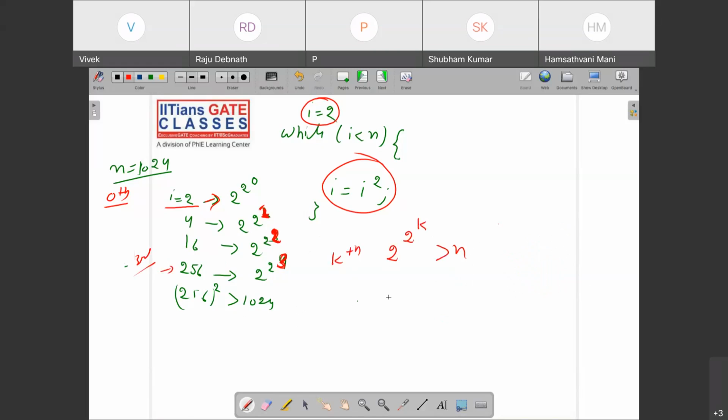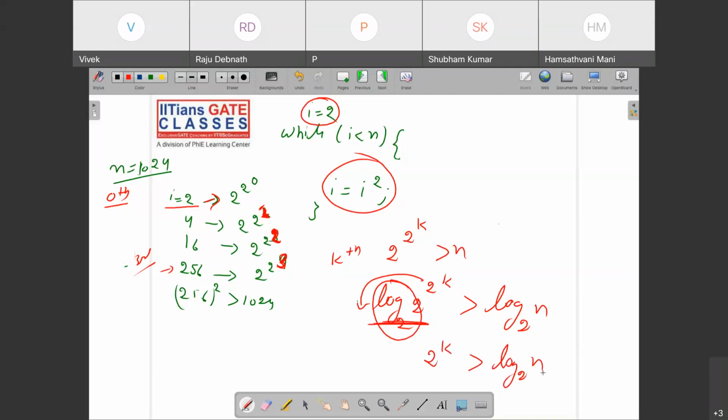Now you take log on both sides: log base 2 of 2 raised to power 2 raised to power k, greater than log base 2 n, and this 2 raised to power k will come here. This whole thing will become 1. So it will become 2 raised to power k greater than log base 2 n.